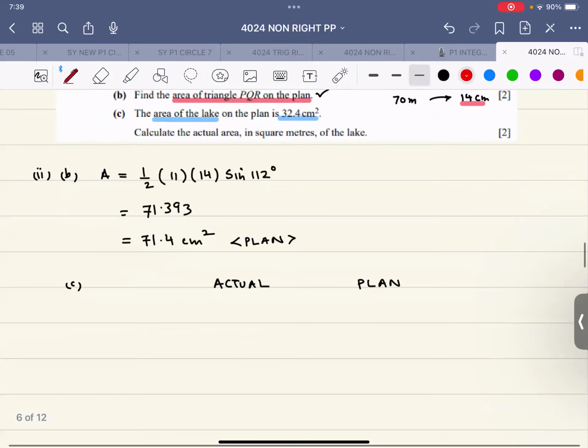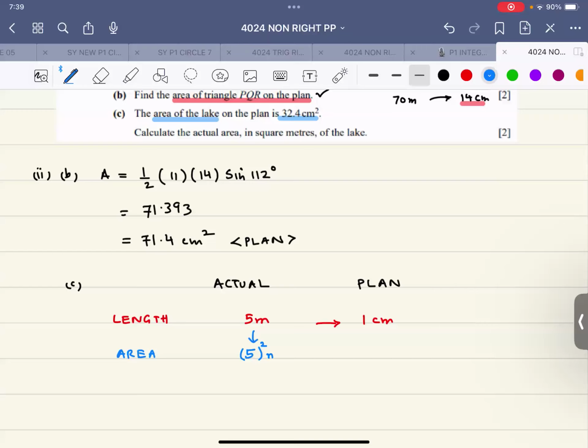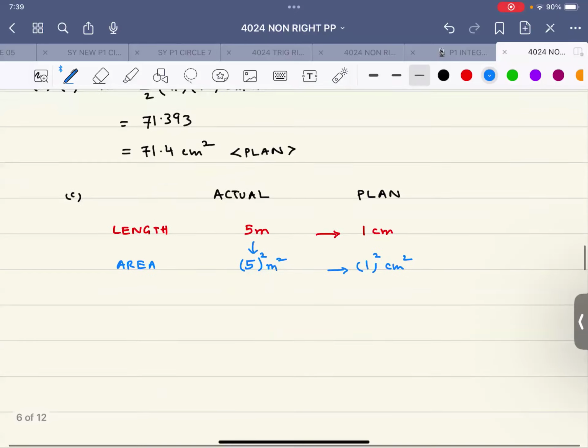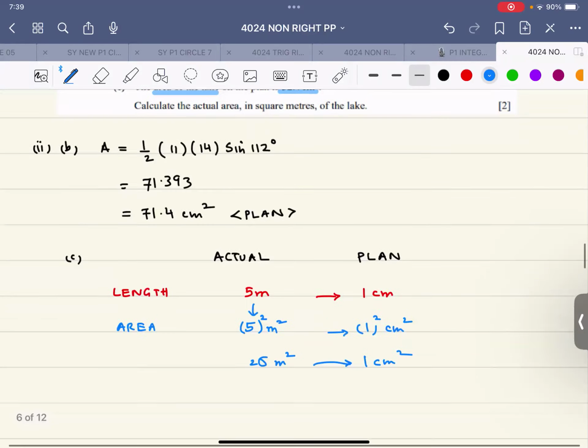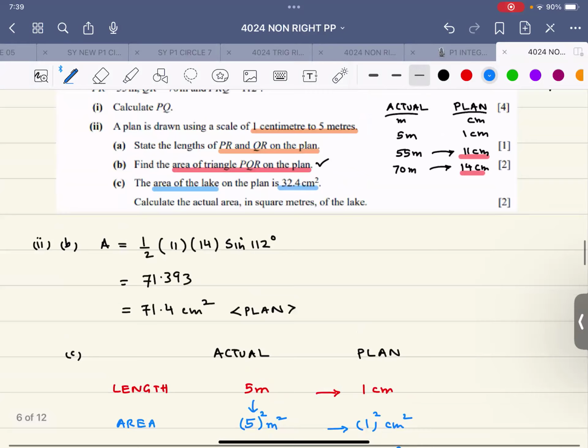When we talk about length, we say that 5 meters equals 1 centimeter. When we talk about area, we square both sides. So this will become 5 into 5, that is 5 square meter squared, and this will be 1 square centimeter squared. So therefore, this is 25 meters square is 1 centimeter square. And we have 32.4 centimeters square.